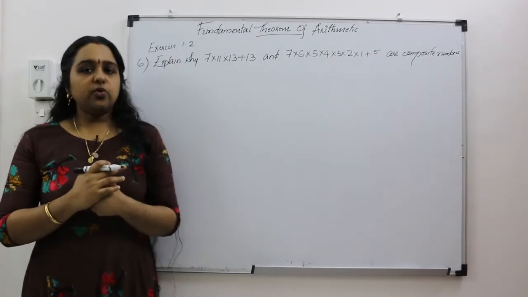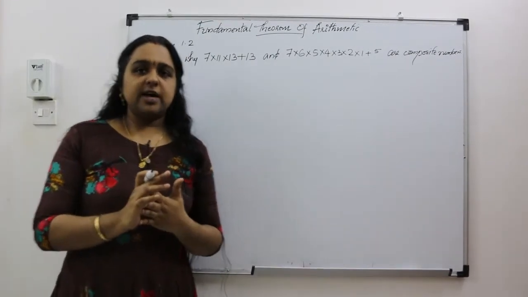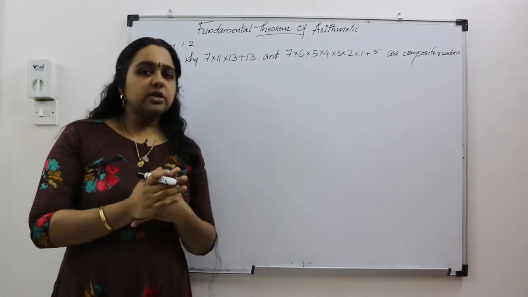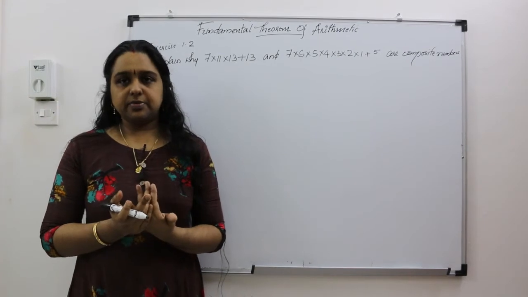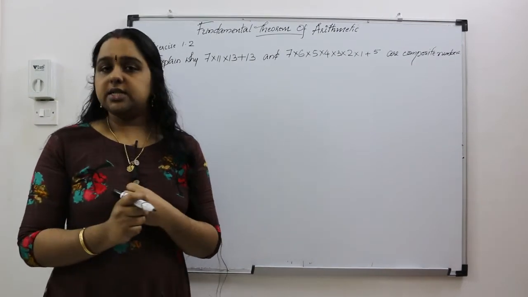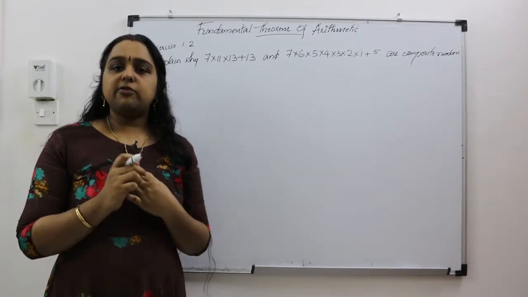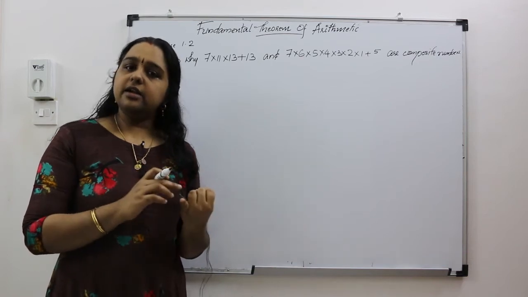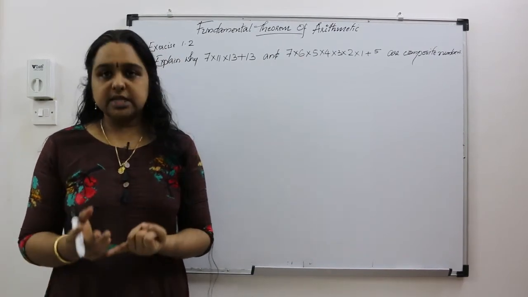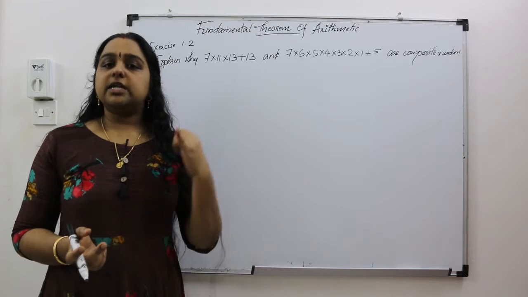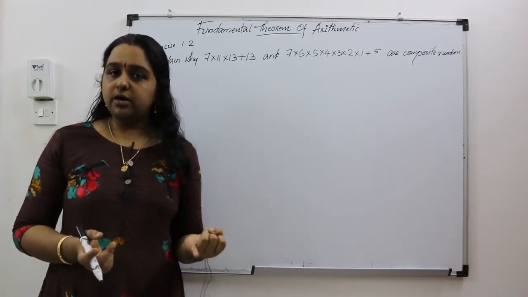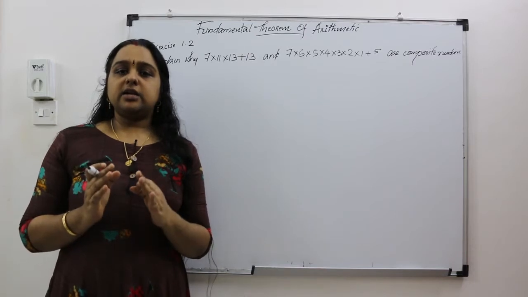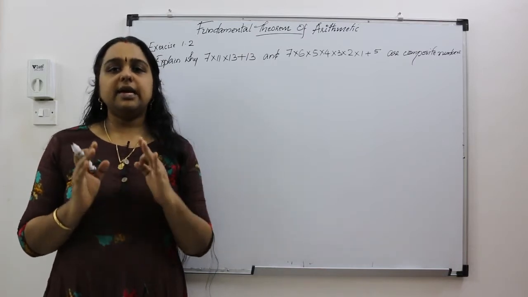So we know what composite numbers and prime numbers are. We have studied about that. Composite numbers are numbers that have factors other than 1 and that number itself, whereas prime numbers are numbers greater than 1 that have only the factors 1 and that number itself.